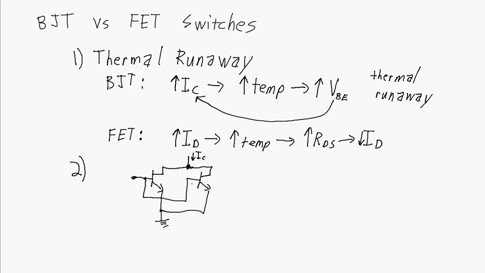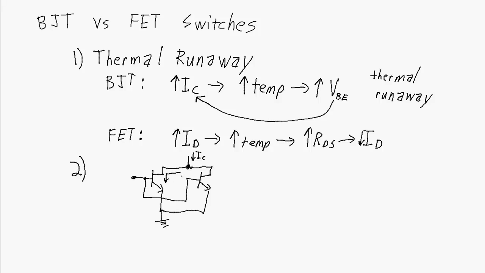But these two BJTs probably are not going to be matched perfectly, and so one of them is going to have a higher base emitter voltage to forward bias it. It might be a slight difference, but whichever one has the higher base emitter voltage is going to have the higher collector current go through it, and so it's going to start hogging current.